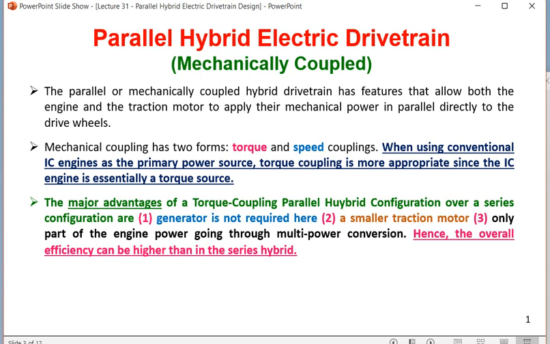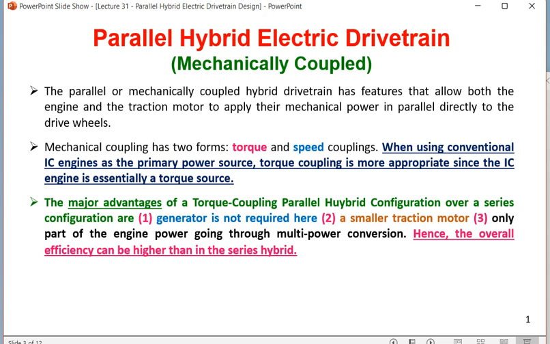The last advantage is that only part of the engine power goes through the multi-power conversion. So a very small part of the engine power, not the whole, goes for multi-power conversion. Hence the overall efficiency can be higher in the case of parallel hybrid compared to series hybrid.